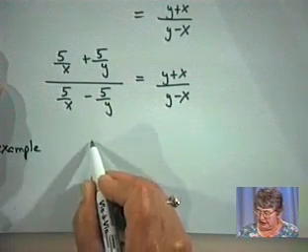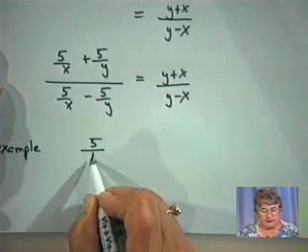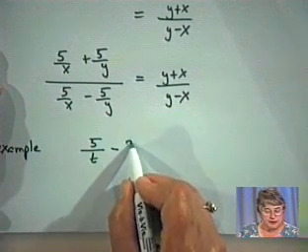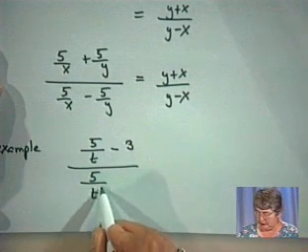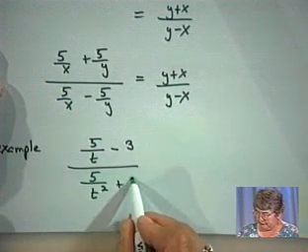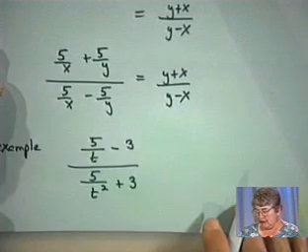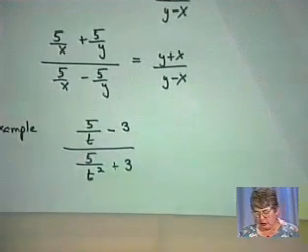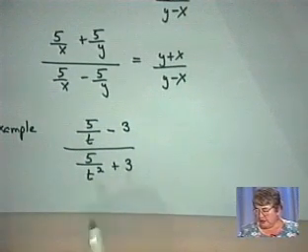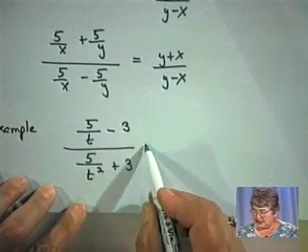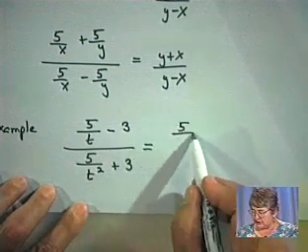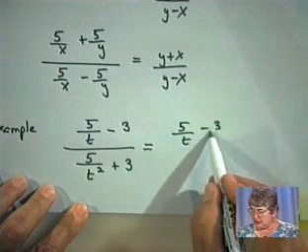Let's take another example. Suppose we have 5 over t minus 3 over 5 over t squared plus 3. The problem is no different than the one that we just did. The 3 does not have a denominator, but of course we know that 3 is the same thing as 3 over 1. So you can consider the denominator for 3 to be 1.